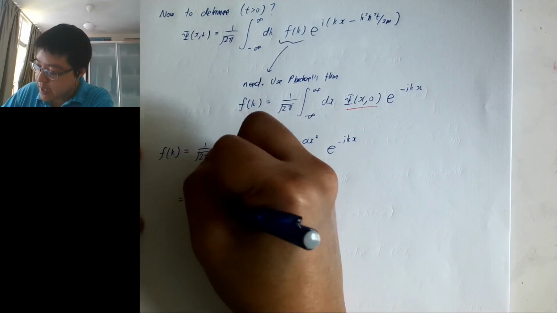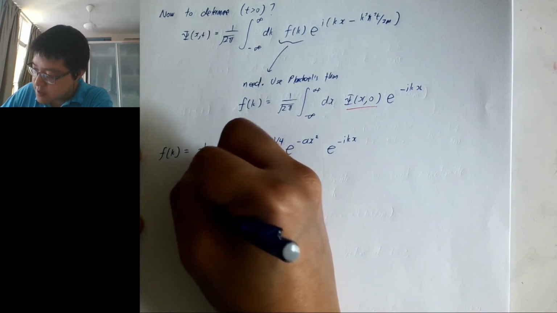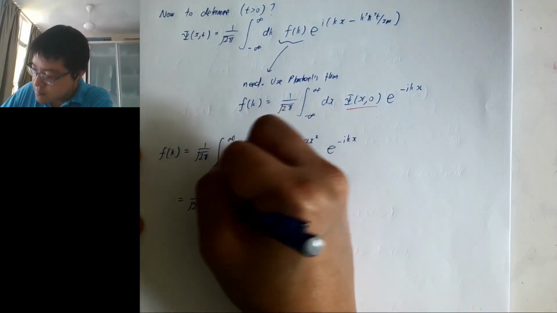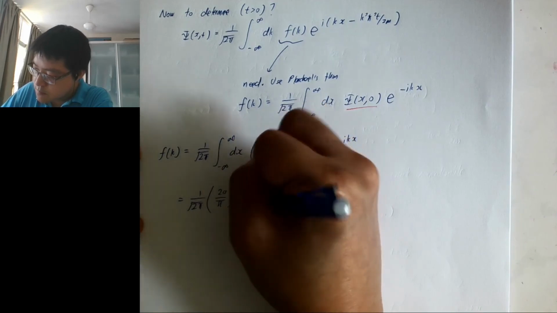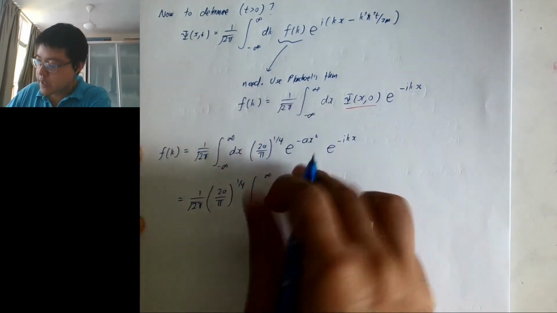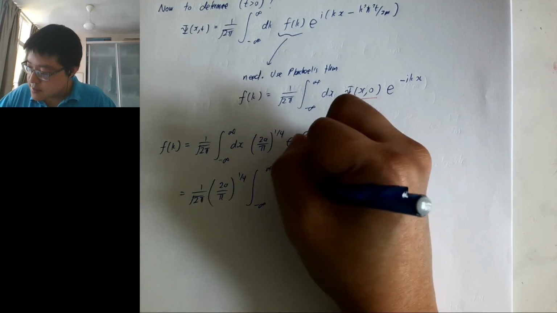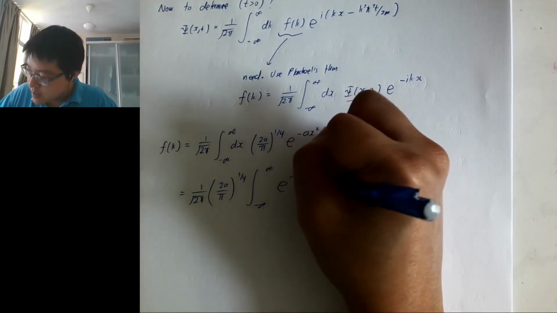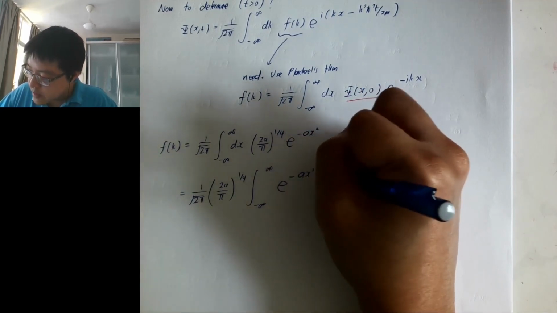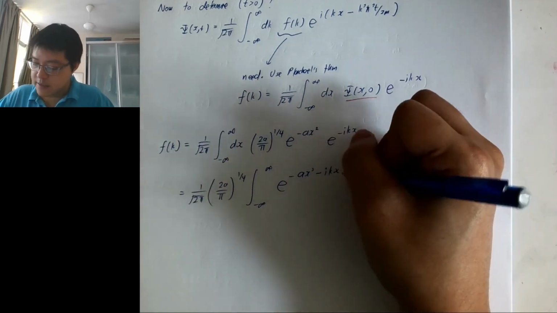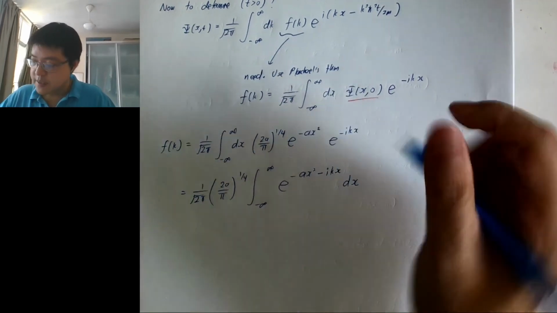Okay, so what we have here is a bunch of constants which I can take out. And then this is e to the minus ax squared minus ikx, integrating with respect to dx.